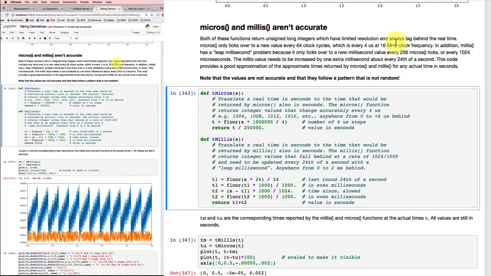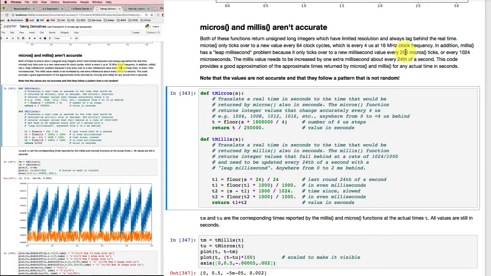Now millis is even more complicated because every time micros ticks over, it'll also count something on the counter for whether or not a millisecond's gone by. And it's only going to tick over to a new millisecond every 256 microsecond ticks.